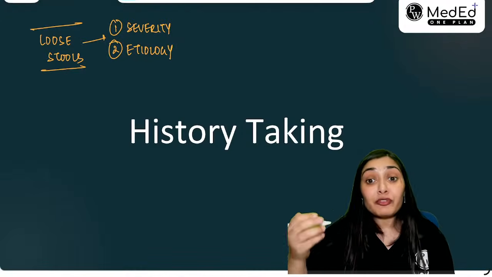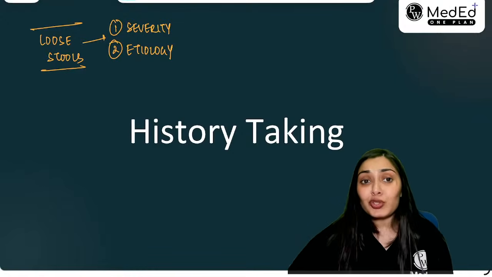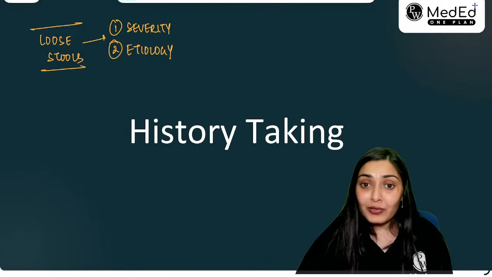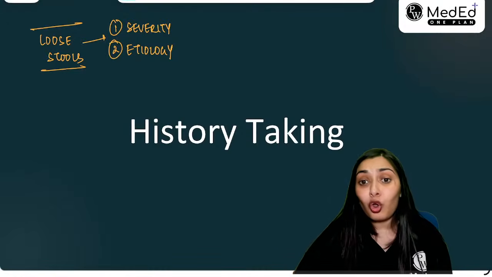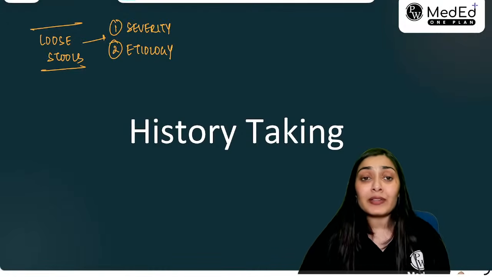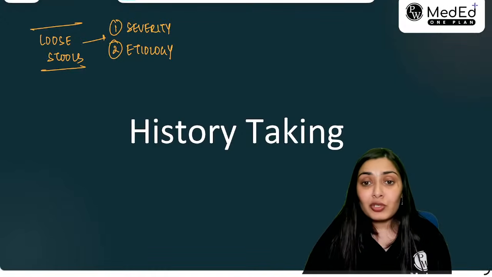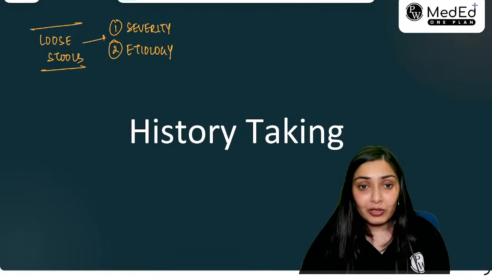So, for example, if there is a clear-cut history that this child had some fast food from outside, that could be a source of gastroenteritis, right? On the other hand, if the history tells that it is a chronic picture going in the background, you won't think of acute gastroenteritis or infectious pathology, right? You will think of chronic conditions, malnutrition, and everything, right?